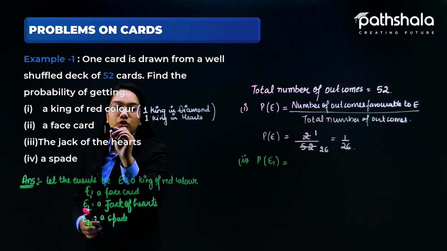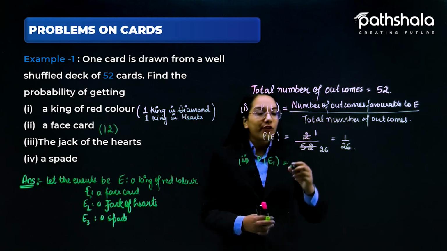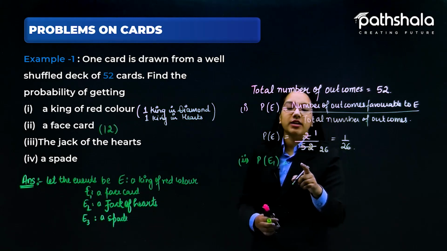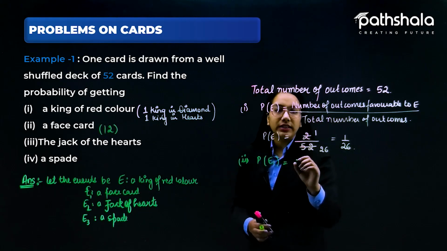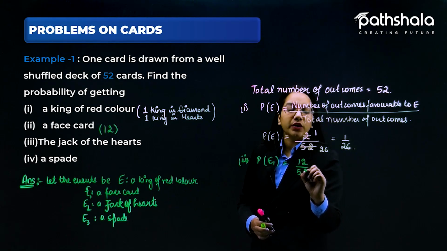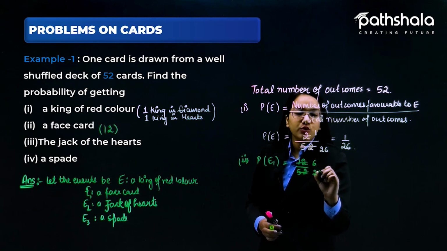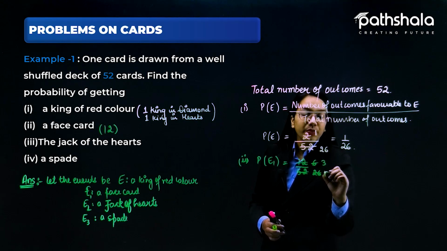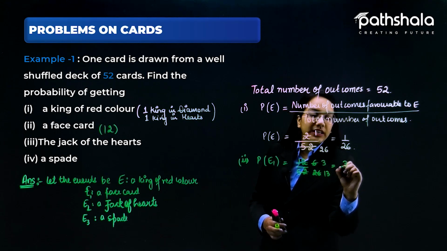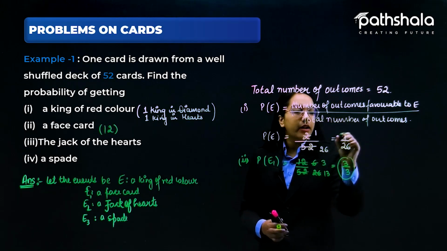So the probability of E1 is 12 divided by 52. Let's sort it out. 2 into 6 is 12, 2 into 2 is 4, and 2 into 3 is 6. So this is 3 by 13. So the answer for the second part is 3 by 13.